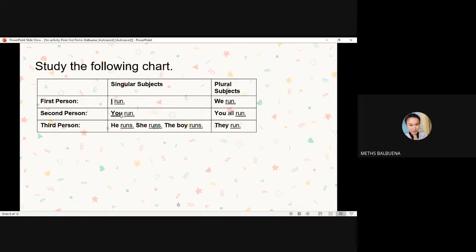In singular subjects, second person, "you run." In plural subjects, "you all run." Here, third person: "he runs, she runs, the boy runs." And in plural subjects, "they run." So the subject-verb agreement is except in third person. In third person, there is an S. There is an S here, here. Okay?